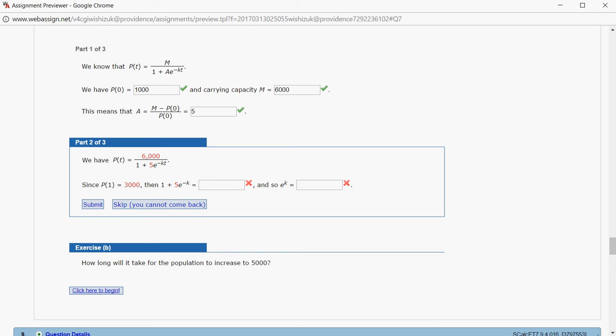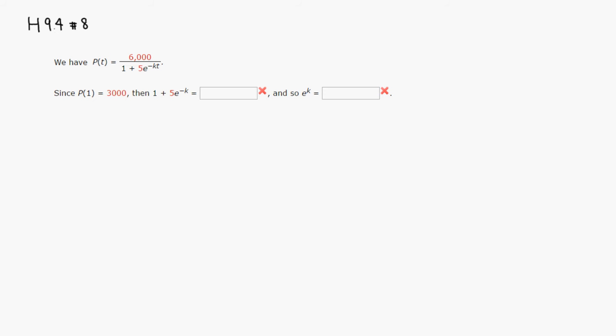Let's write that down. We are setting P of 1 equal to 6,000 over 1 plus 5 times e to the negative k, since t is 1. And this is supposed to be equal to 3,000.